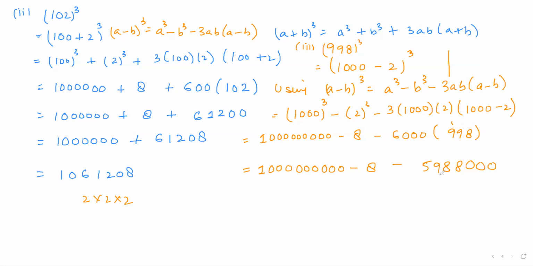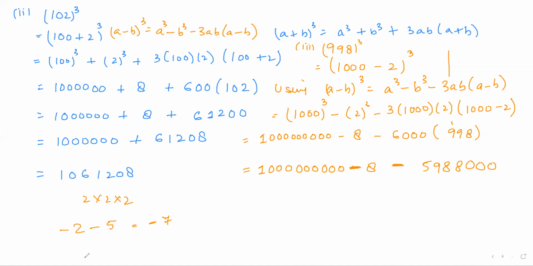Okay. So now you can see these two numbers are having minus sign, like minus of 8 and minus of this 59. So they both can be added together. Both are minus and the sign will remain minus. Understood? For example, I have minus 2 minus 5. So what will I do? I'm going to add them, right? 5 plus 2, 7, and then minus of 7.